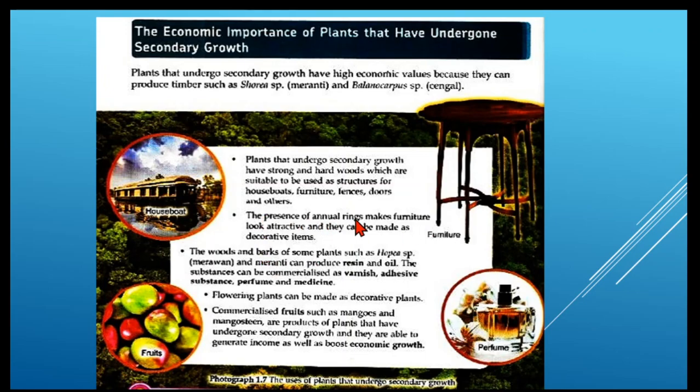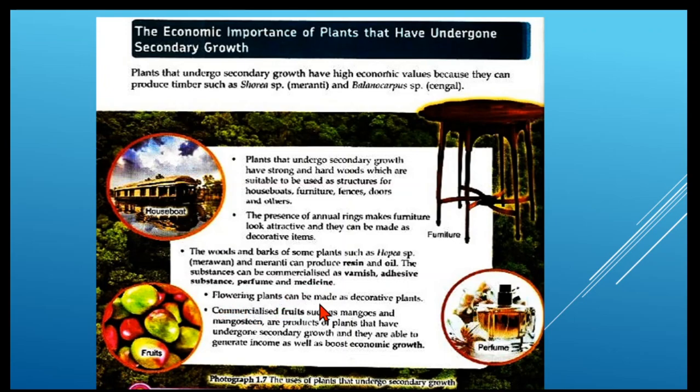The presence of annual rings makes furniture look attractive and they can be made as decorative items. The woods and barks of some plants such as Hopea species, merawan, and meranti can produce resin and oil. The substances can be commercialized as varnish, adhesive substances, perfume, and medicine.